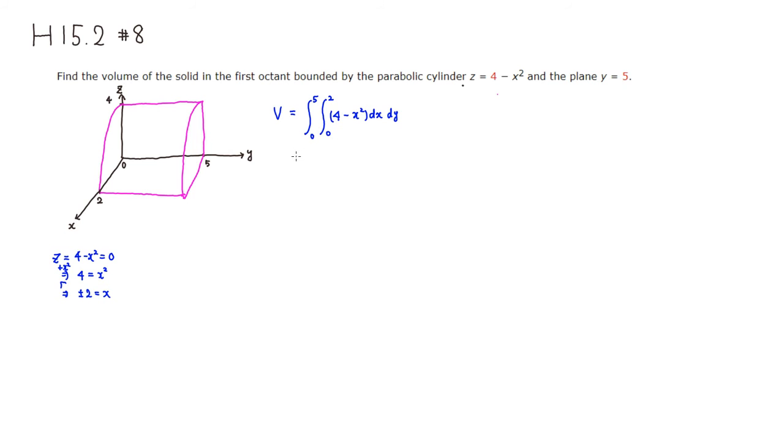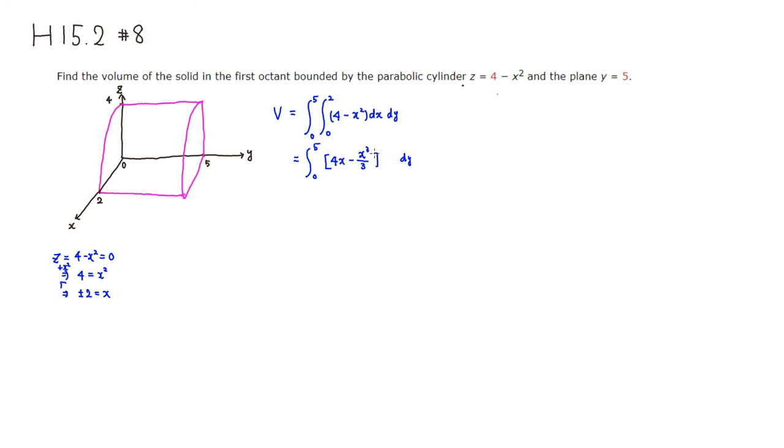Let's evaluate it. Leave the outside integral alone, so just copy that. The antiderivative of 4 with respect to x is 4x, and the antiderivative of x squared would be x cubed over 3.